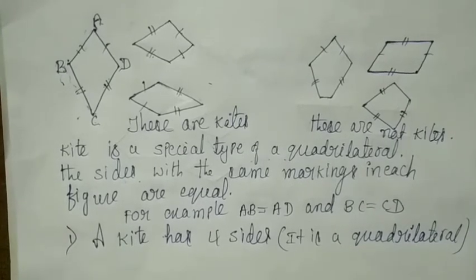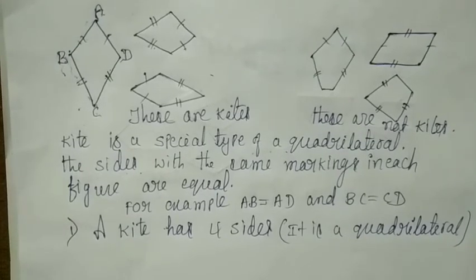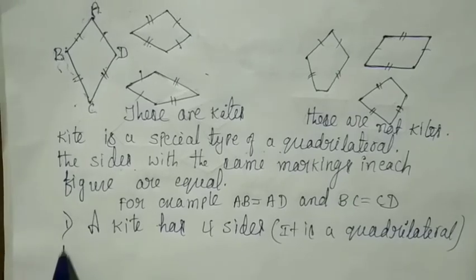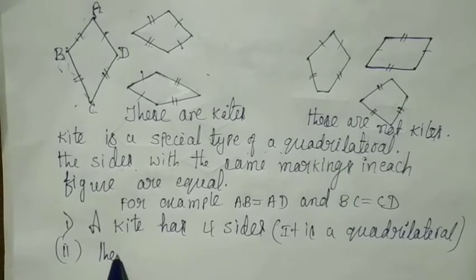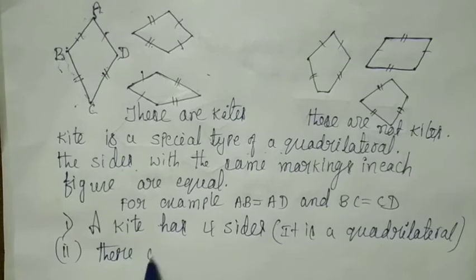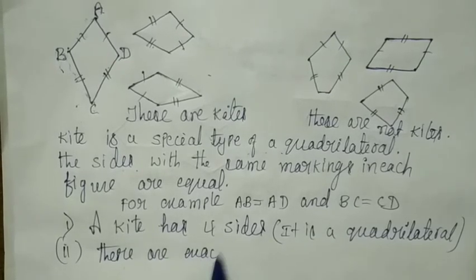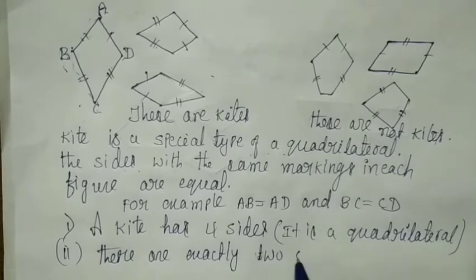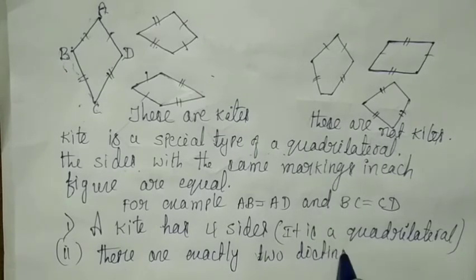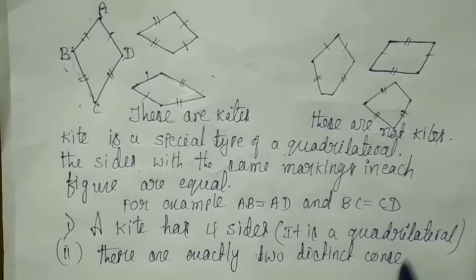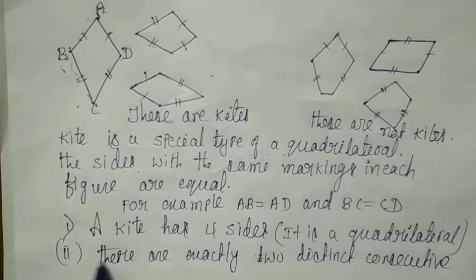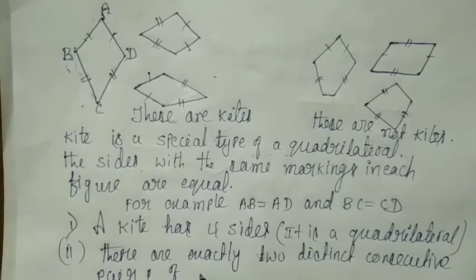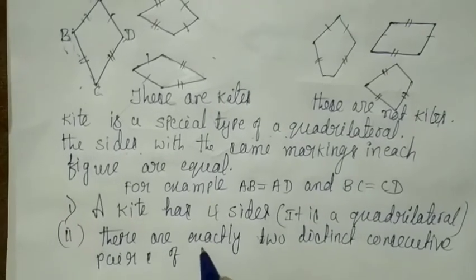Now next, the second one: exactly 2 distinct consecutive pairs of sides of equal length.